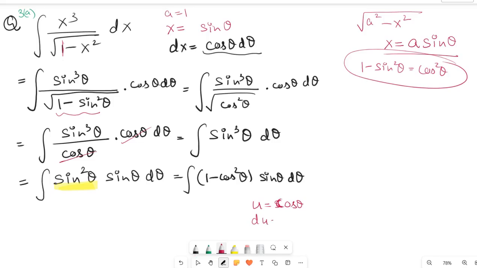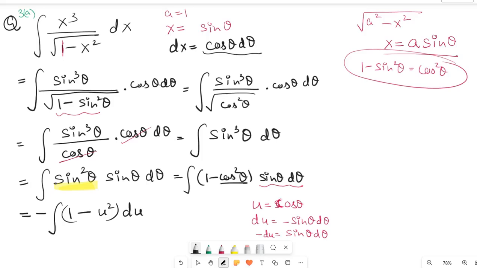So du will be negative sine theta d theta. Sine theta d theta is already there. So sine theta d theta is equal to negative du. Integral 1 minus cosine is u square. Sine theta d theta is negative du. So I'm going to write du and negative out. I think now we are ready to integrate.